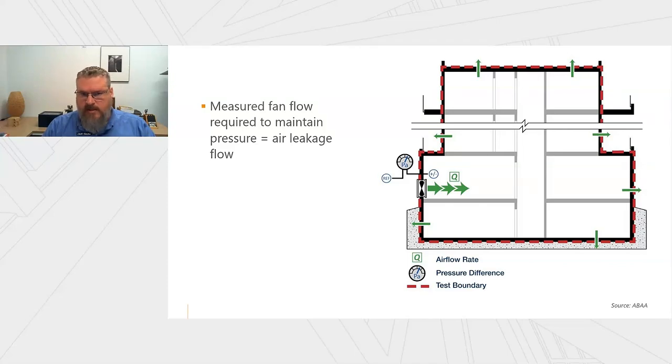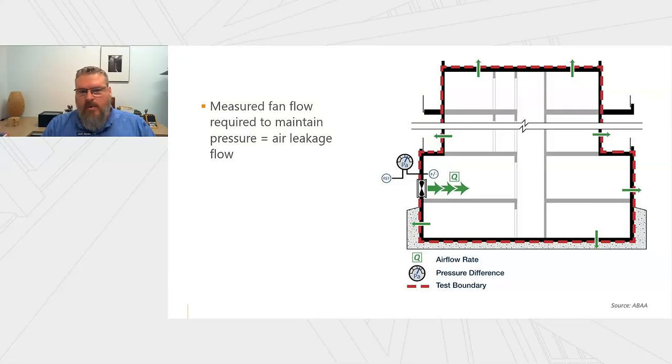So once we get this to whatever our current test pressure is, and as I mentioned before, we'll be testing at several different pressures during the process, but the reporting pressure, the one that you'll see on the reports, is 75 pascals. That's the upper end of the range that we go to on commercial buildings typically.